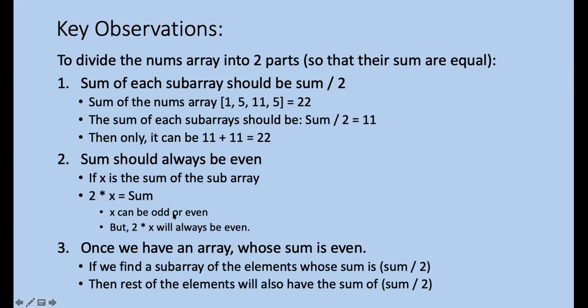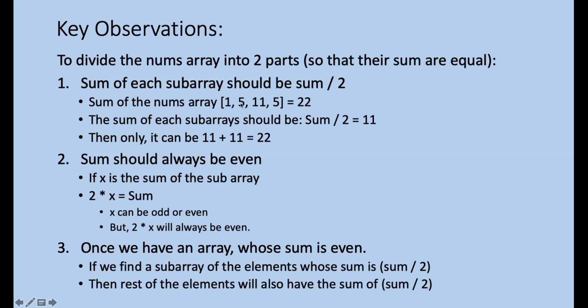The third observation is, once we have an array whose sum is even, if we find a subarray of elements whose sum is the total divided by 2, then the rest of the elements will also have a sum of the total divided by 2. What does this mean?